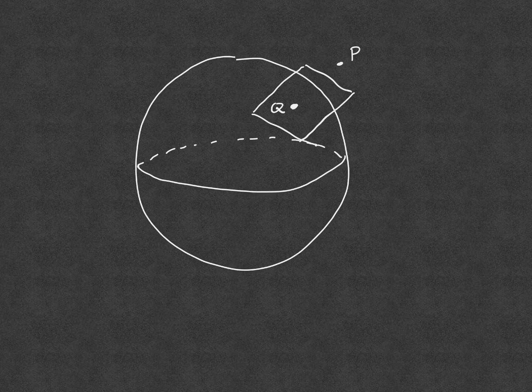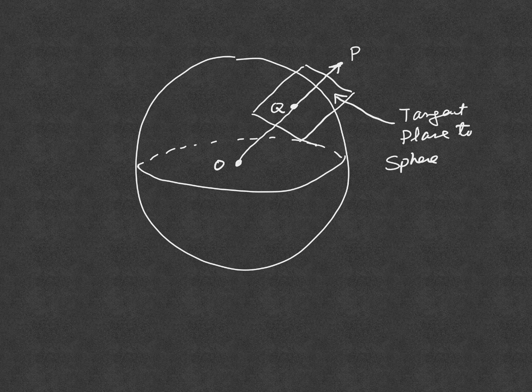P is up here. The vector from Q to P lies normal to the tangent plane, because if I take this all the way back to the center of the sphere, which is here at point O, then this plane that I've drawn is the tangent plane to the sphere at point Q. So if I look at this in this perspective here, here's my tangent plane.